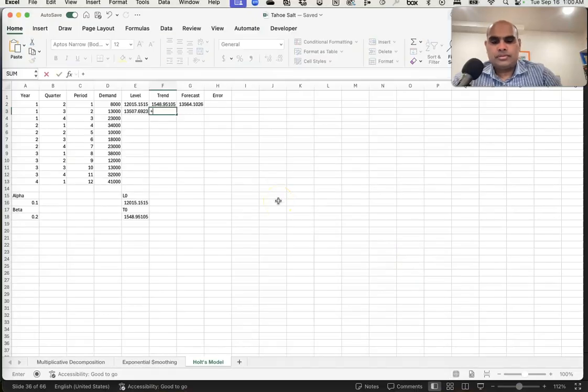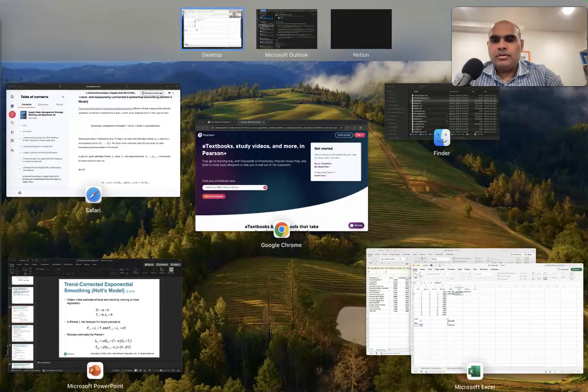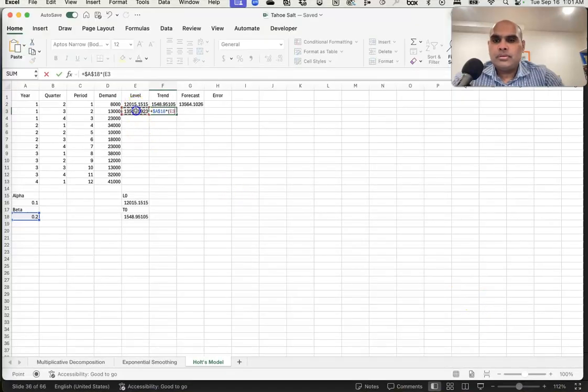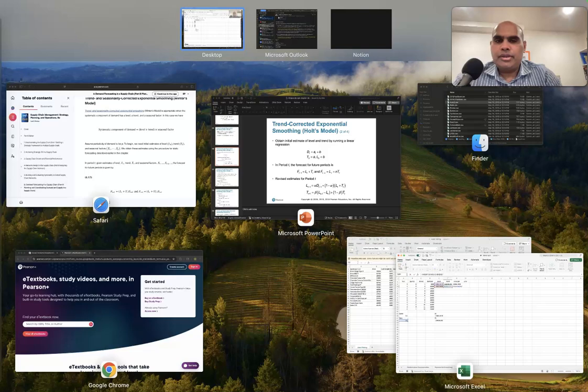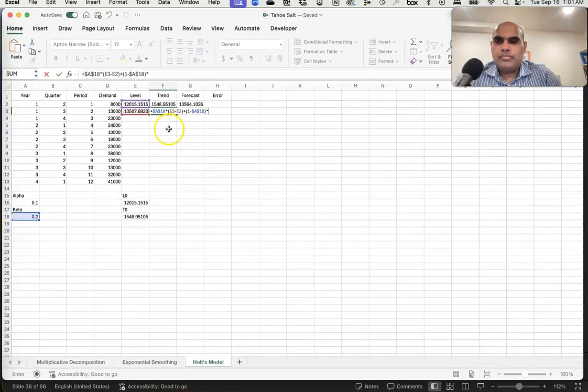So it will be beta times the difference between the levels, plus 1 minus beta times the previous trend.